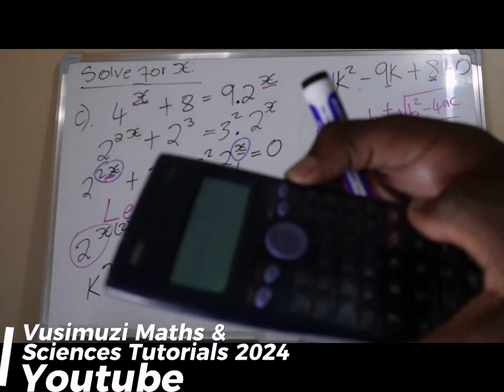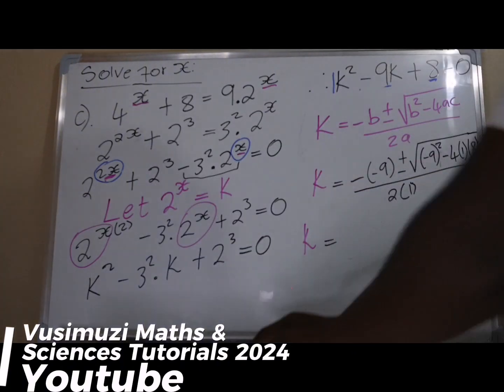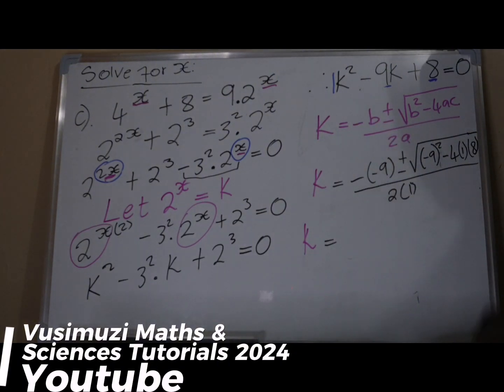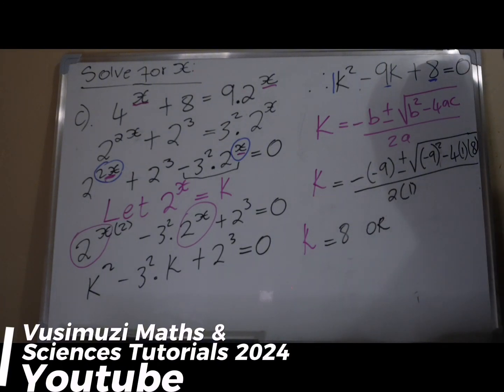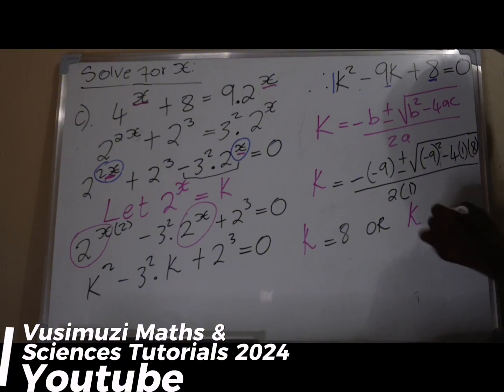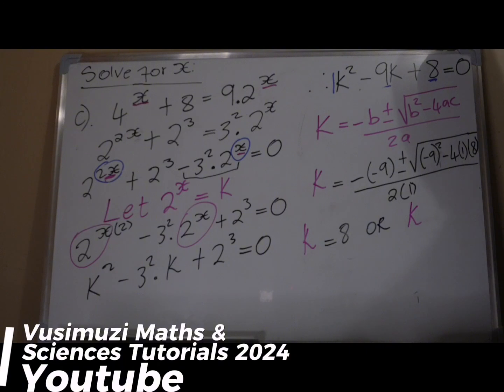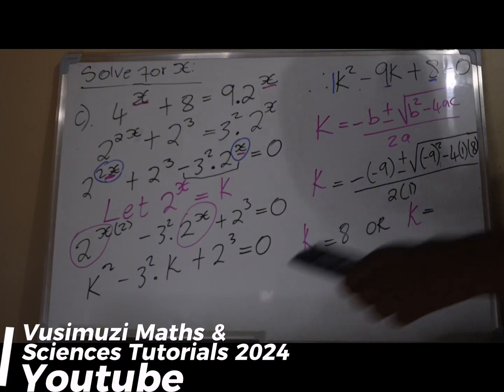Then my first value with positive, it gives me 8. K1 is equal to 8. Remember, you've got two solutions, positive and negative.